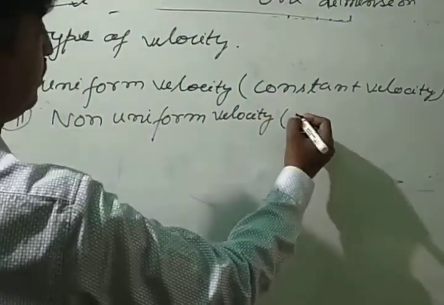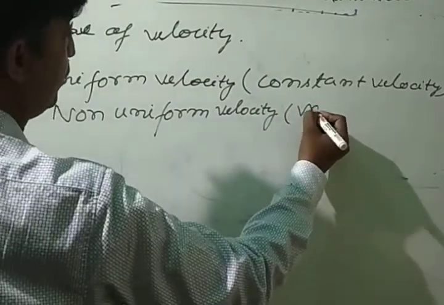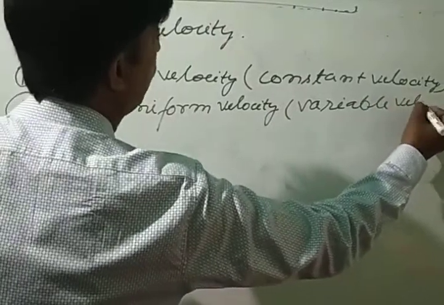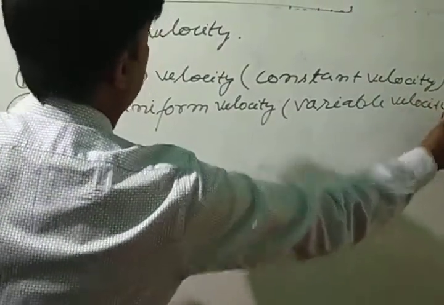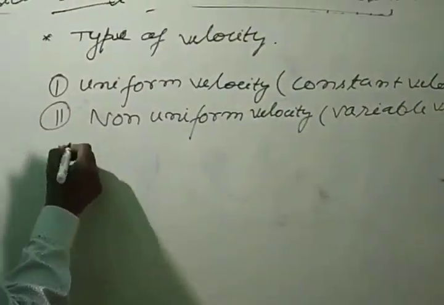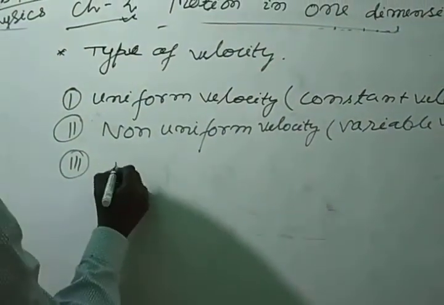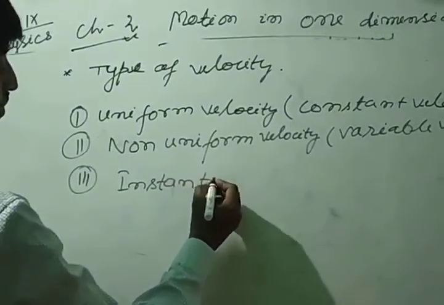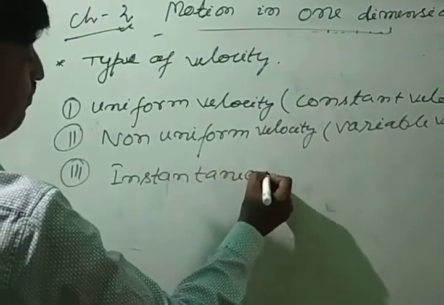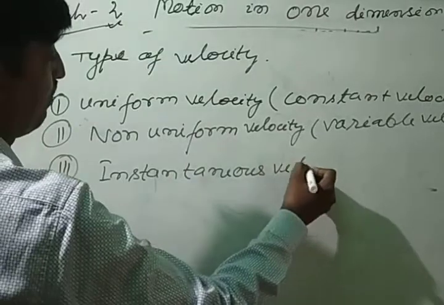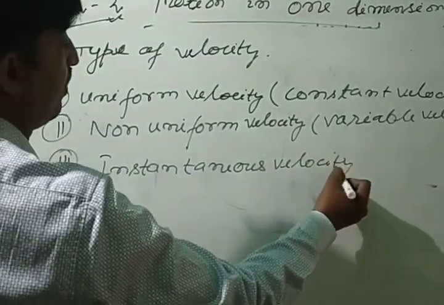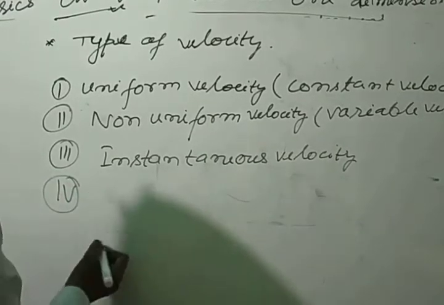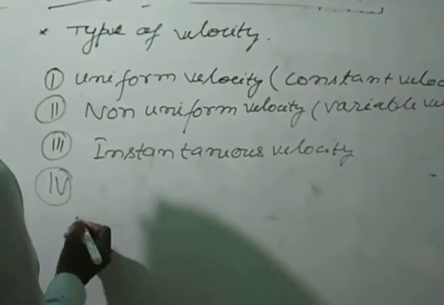Non-uniform velocity is also called variable velocity. Next is instantaneous velocity. And next is average velocity.